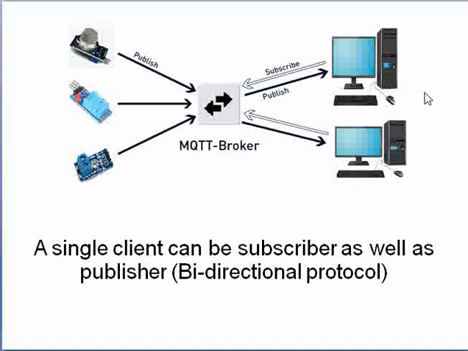It can be a publisher as well. What scenarios does that cover? For example, let us assume a scenario where a sensor is collecting the data, and right now the sensor is collecting around every 1 minute, and it is publishing the data and the subscriber is getting the data.